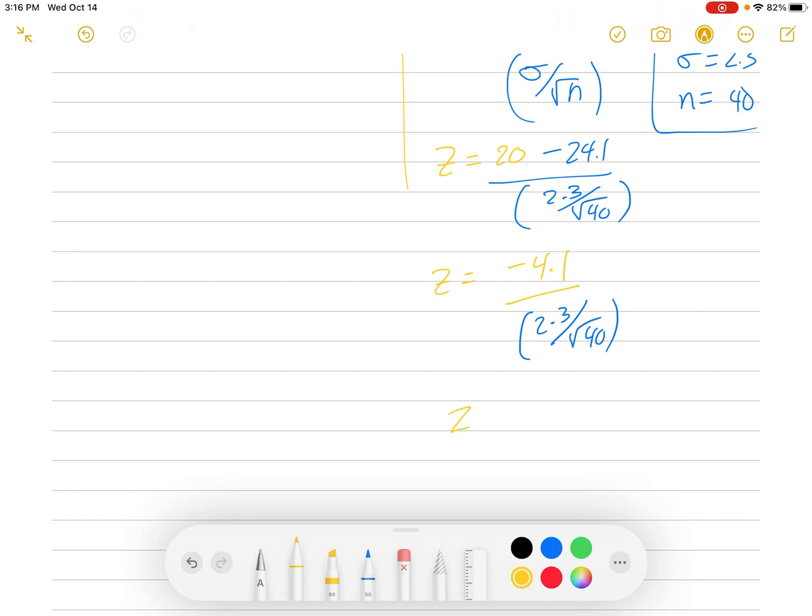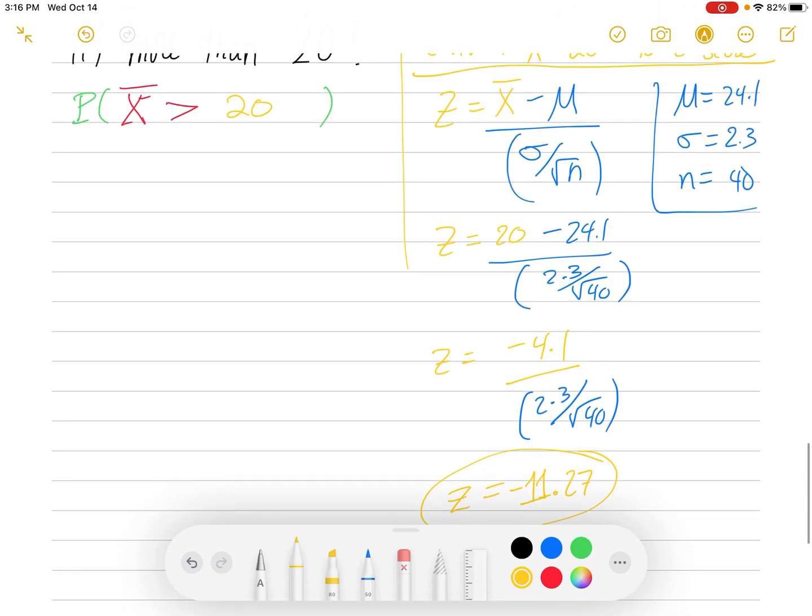So when I do this, I get approximately negative 11.27. Remember, always 2 decimal places. I'm going to do that one more time just to be entirely sure in my calculator. Negative 4.1, and so on. Yeah, I got it a second time, negative 11.27.